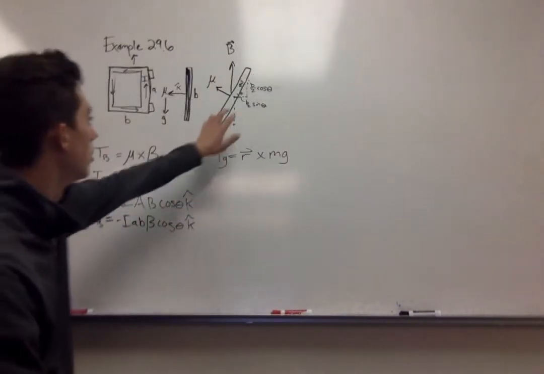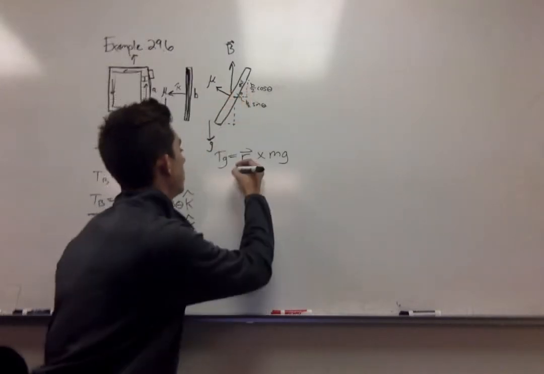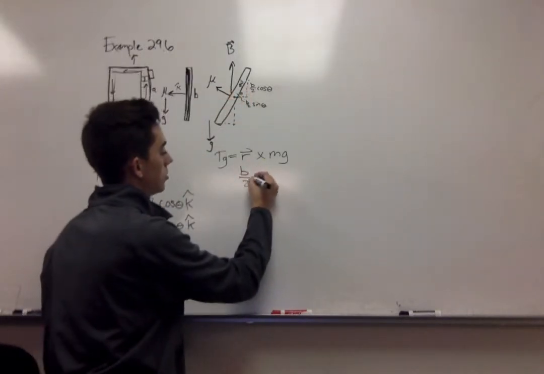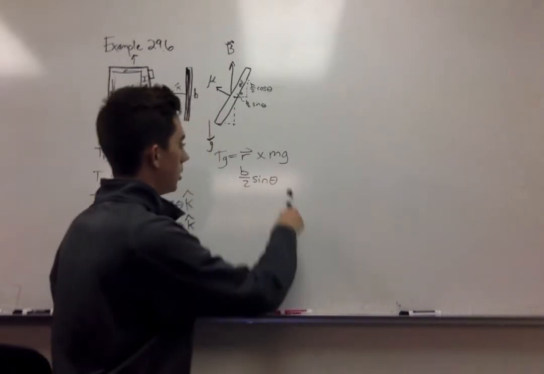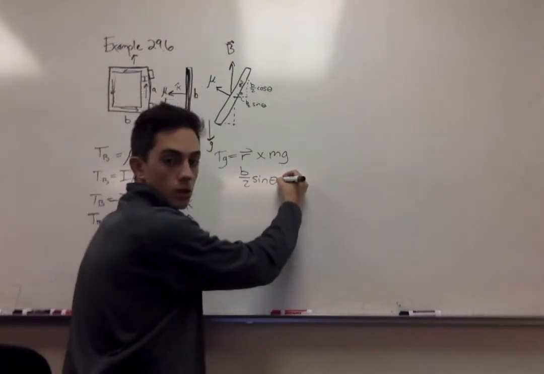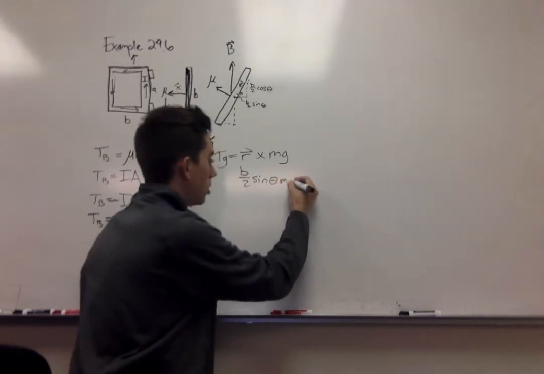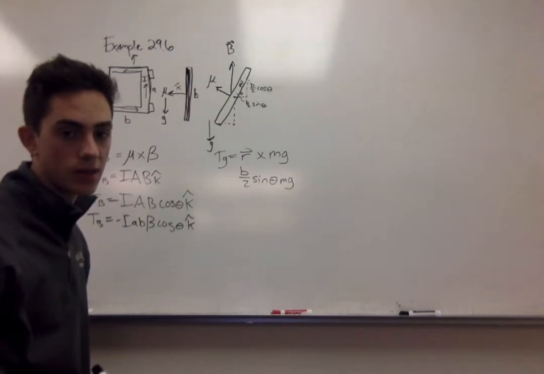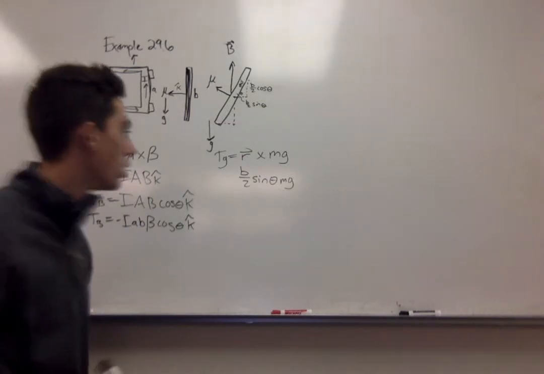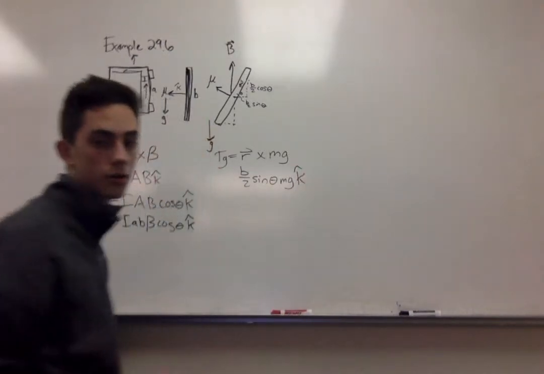And we know this radial length, I guess, that it's turning to be B over 2 sine theta. And then mass times gravity. So we just have that established right there. And this is in the k hat direction.